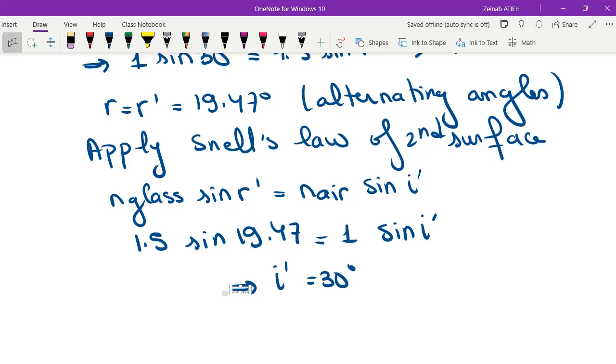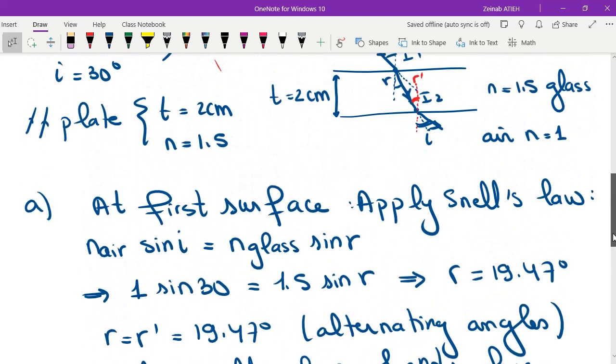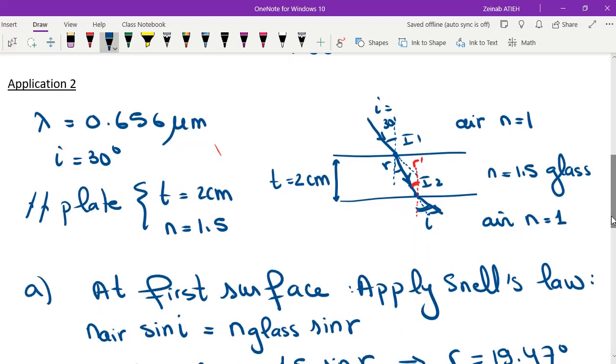Now this is not what we are searching for. We are searching for the position of I2. So let's define a point M here. I will project this and define this point M. The question should specify what it asks for, but it actually asks for MI2, the position of I2 with respect to I1, meaning how far I2 is shifted relative to I1.